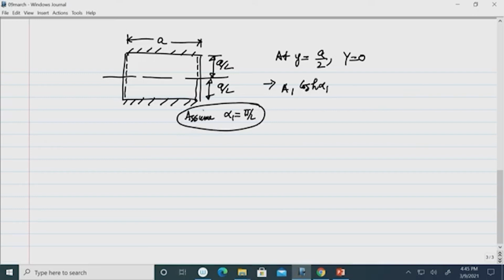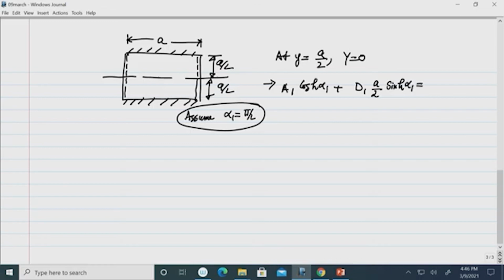After substituting y equal to a by 2, the first term in this deflection equation is this, then the second term will come as d 1 a by 2, because y is there, so a by 2 and sin hyperbolic alpha 1.